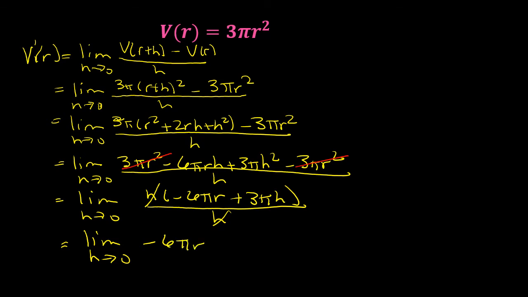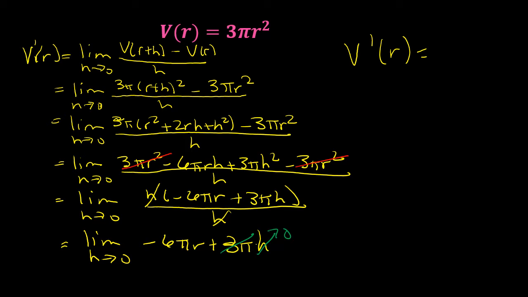Negative 6 pi r plus 3 pi h. And now h is going to be 0, so essentially this goes to 0, which means this whole term goes to 0. So what we end up with is that v prime of r is going to be negative 6 pi r.